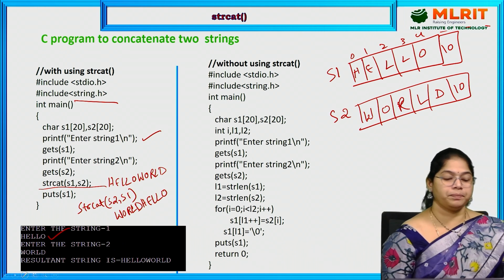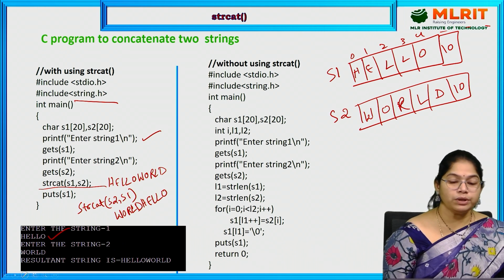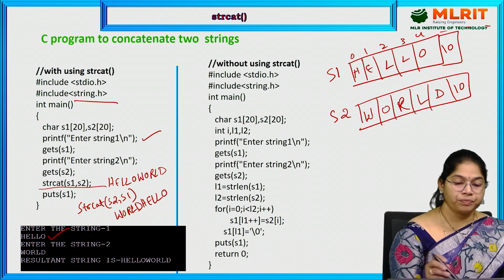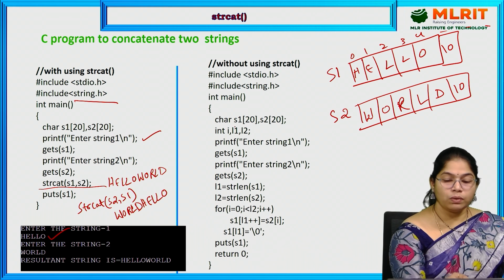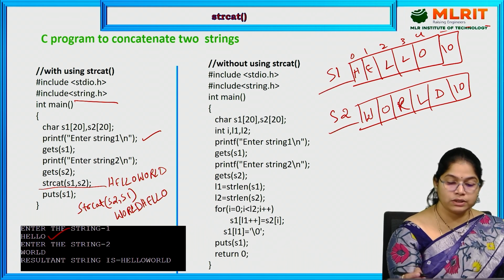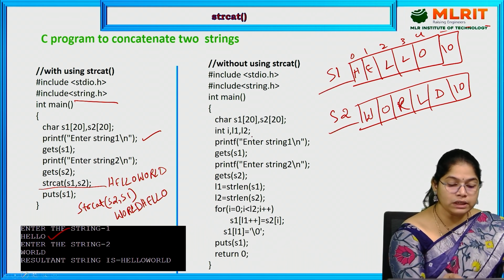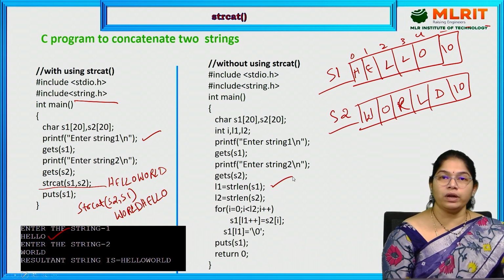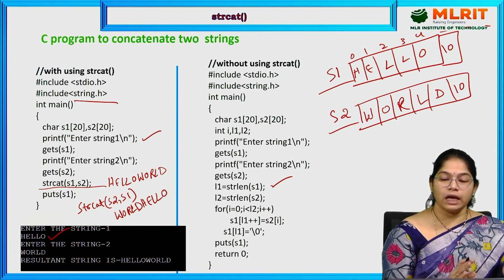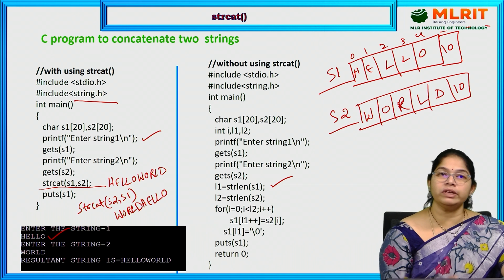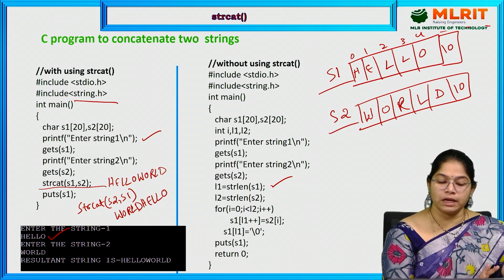In this way. Now, without using strcat. Here I have s1 and s2. First I am calculating the length of the string s1. Length of the string means, excluding the null character, counting the number of characters present in that string.